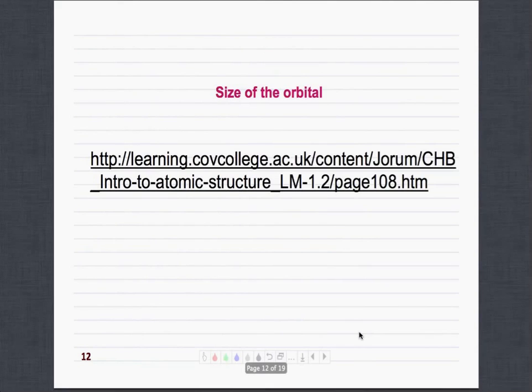So this is the most realistic picture: both this p and the s, which is the yellow one, are in the same shell, but each has its own region.